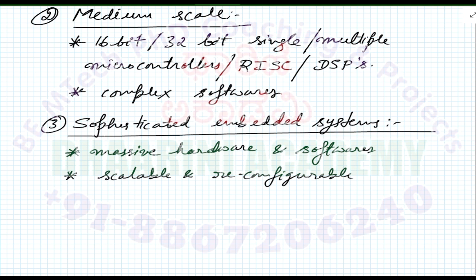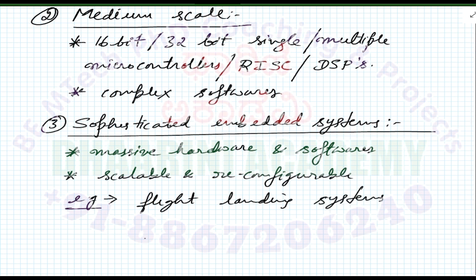Maybe you are going to use them in flight landing systems, military applications. These we have not used so far. Let me write an example: flight landing systems, and also maybe military applications.